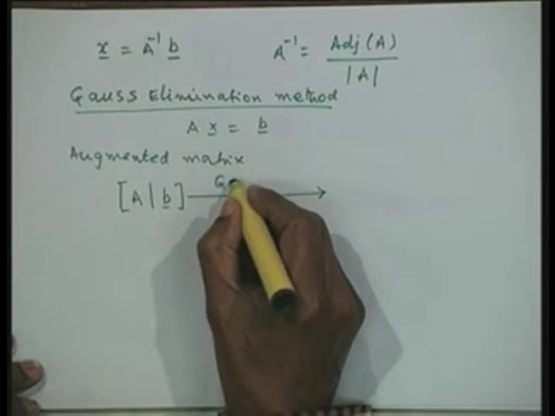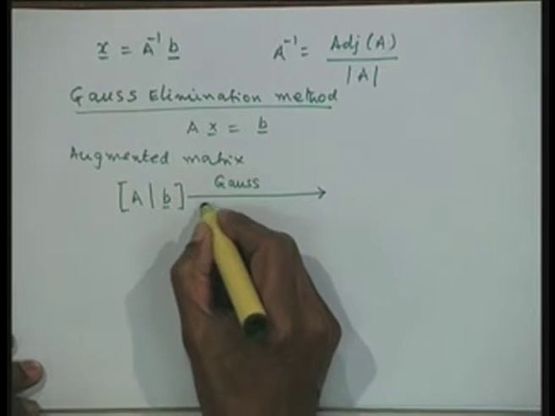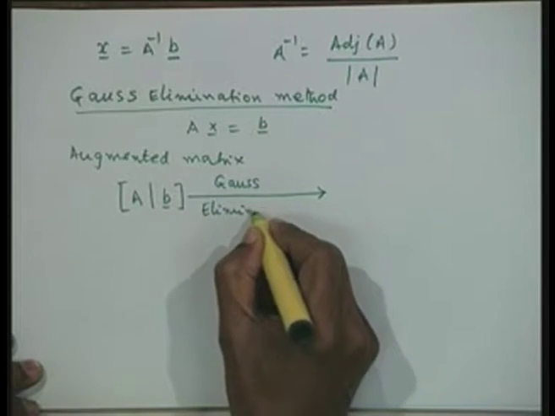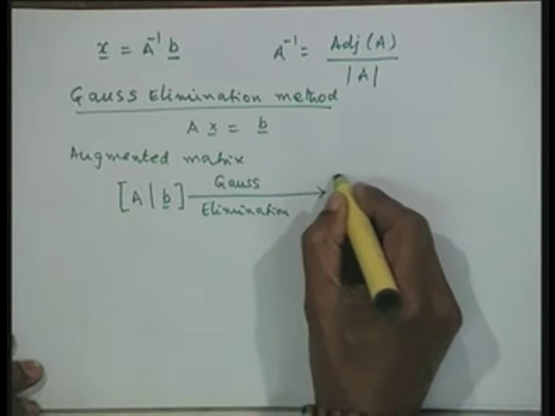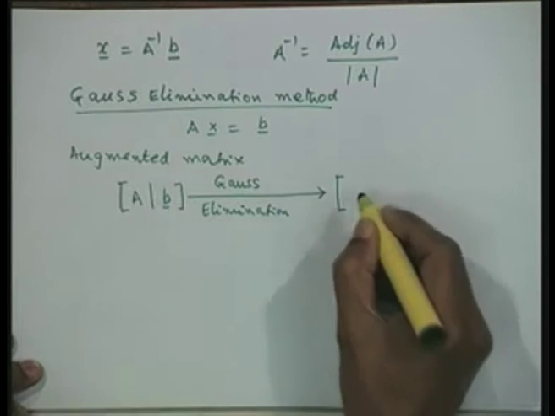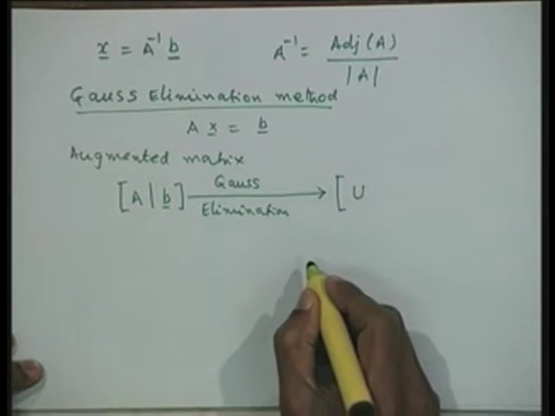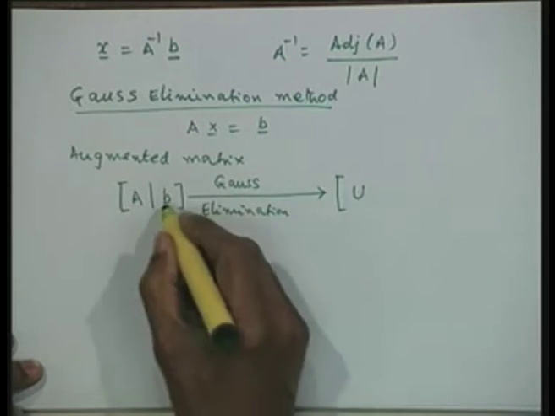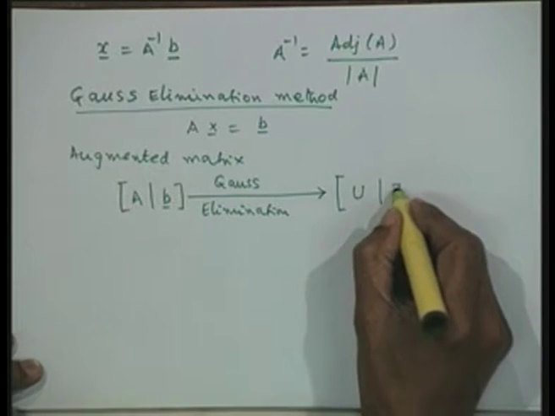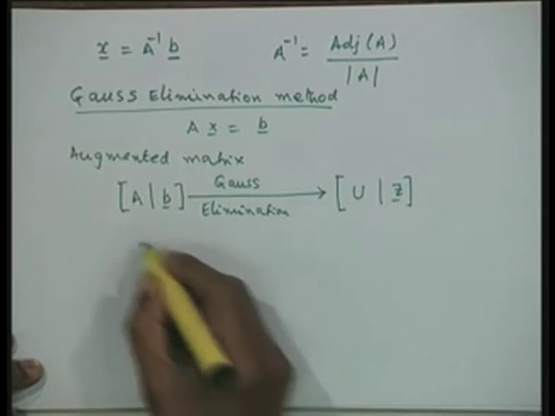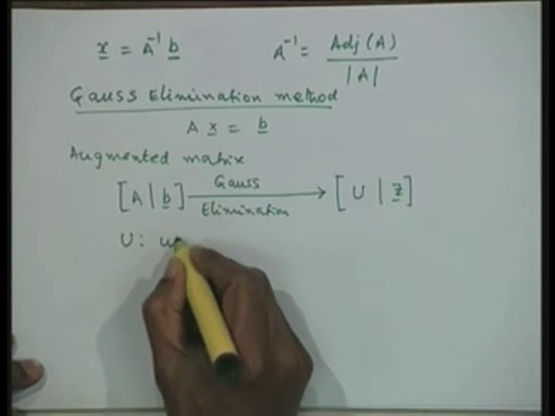Gauss elimination will attempt to reduce A into an upper triangular form, and in this procedure B gets changed to a new vector Z, where U is upper triangular.